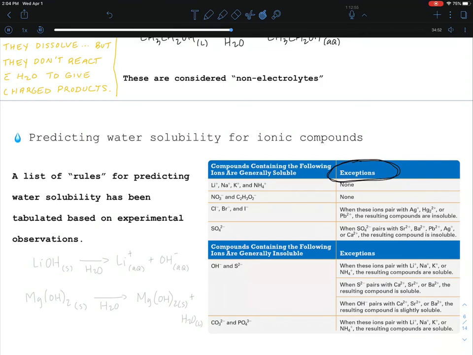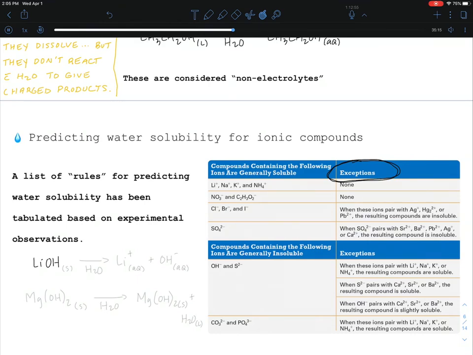So for example, I can write out lithium hydroxide. I see here that, for example, in my chart, all compounds where the lithium +1 cation is involved are soluble without exception.